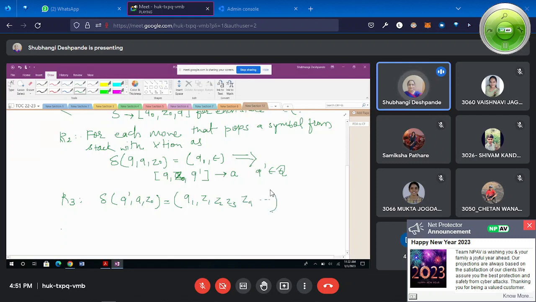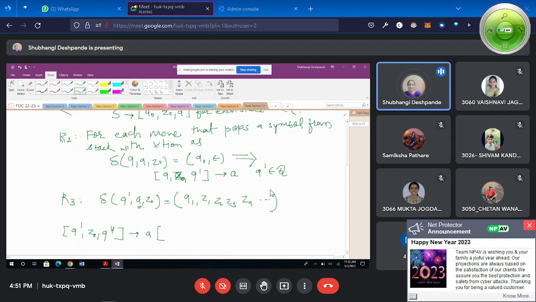In such cases, it will lead to q, z0, q double dash, which derives a, because this a is over here.